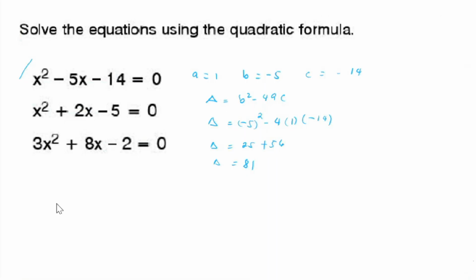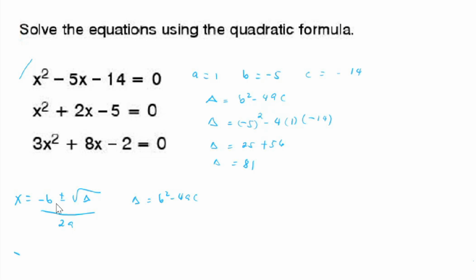Using the formula, we have x equals negative b plus and minus the square root of delta, all over 2a. Take note that delta is equal to b squared minus 4ac.